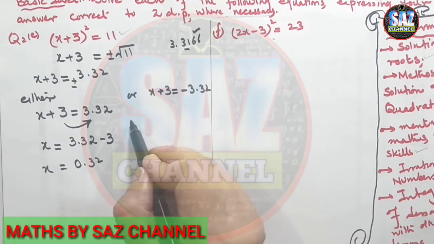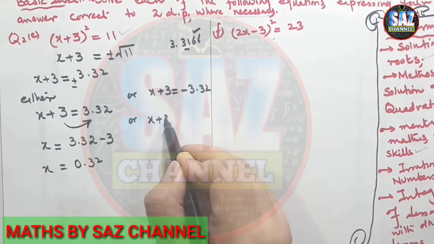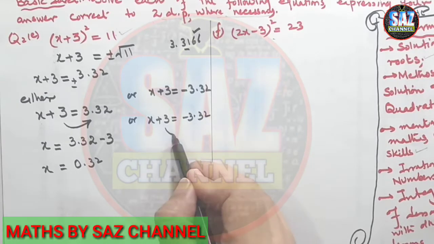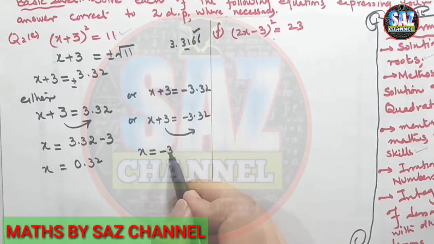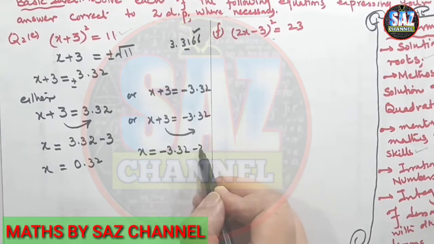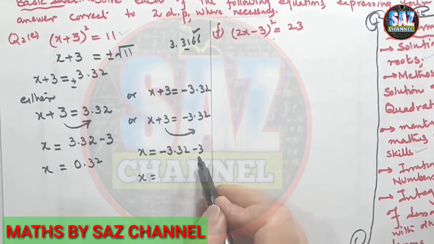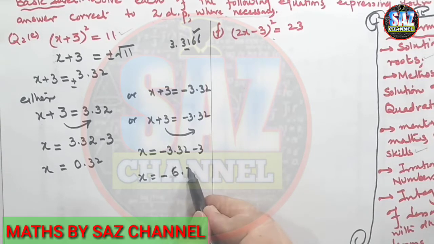Coming to the second part of the question, x plus 3 equals minus 3.32. Shift this 3 to the other side. I will get minus 3.32 minus 3. When this 3 is added to this 3, these two being whole numbers, I get minus 6.32.